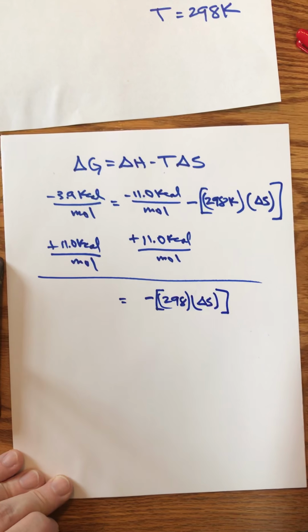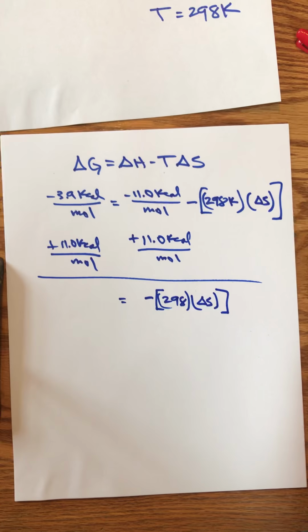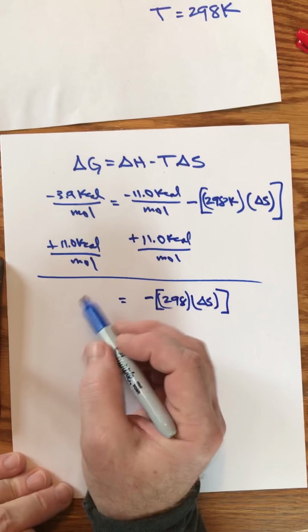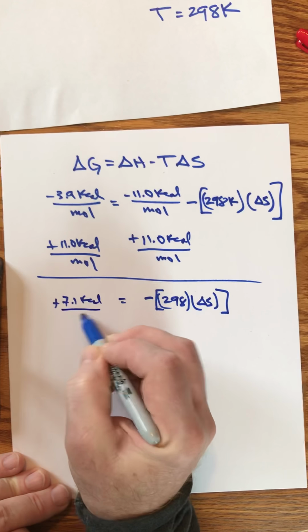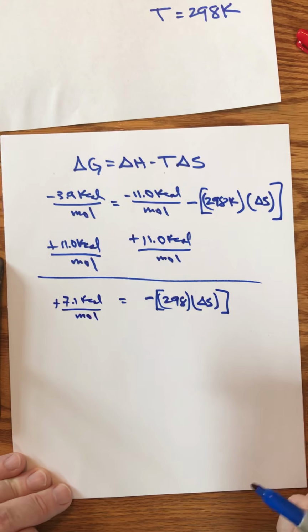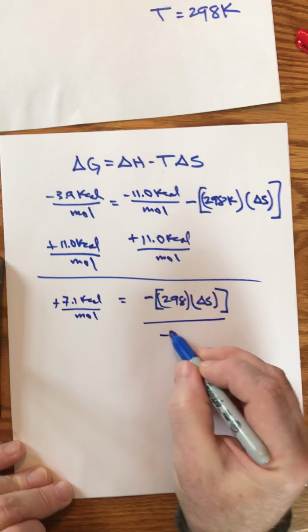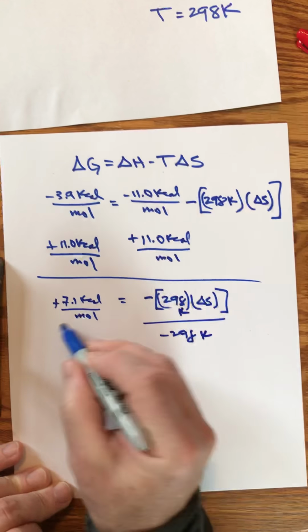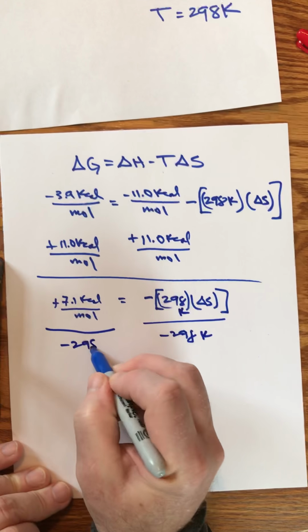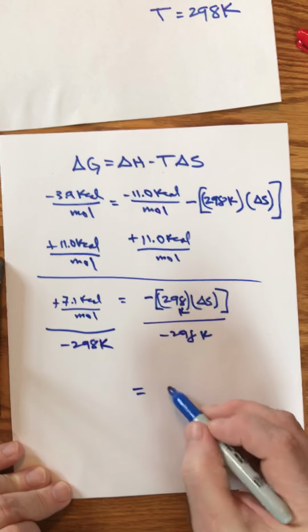So, negative 3.9 plus 11. Where's my solutions thing? I don't want to plug it into a calculator, but if I have to, I will. That is 7.1 positive kcals per mole. Now, if I divide each side by negative 298 Kelvin, I'll be left with delta S.